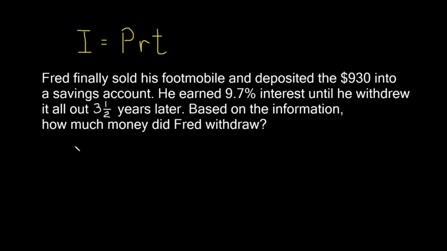So let's go ahead and plug in the numbers. $930 times 9.7% is 0.097 times 3.5 years.